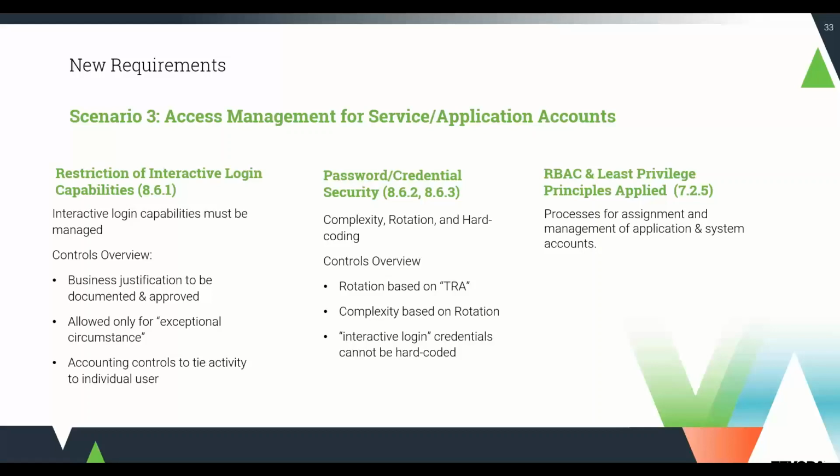So this can really help your organization not get overwhelmed with having to rotate all your application and service accounts every 90 days or so, for example. And the complexity of those credentials is contingent on how often you're going to be rotating, which is contingent on your assessment of the risk at hand.